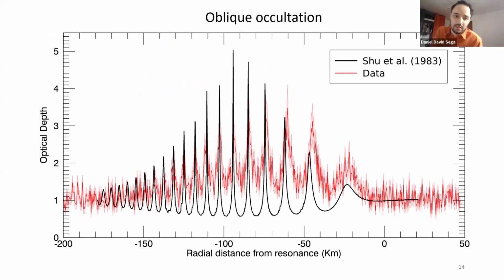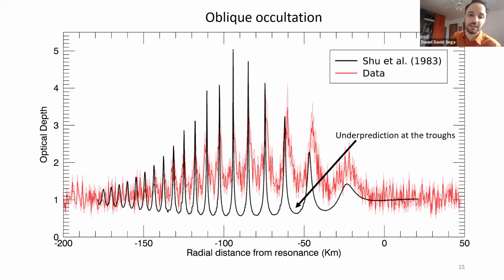So this is what we see. This red line here is what we see, and I'm comparing to the Shoe theory. And there are some things that pop up. For me, the fact that the theory predicts that there should be some places where the optical depth decreases with respect to the flat ring, and that we don't see that anywhere.